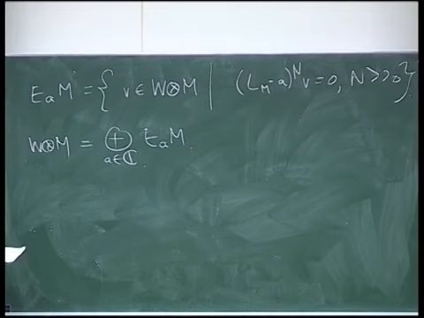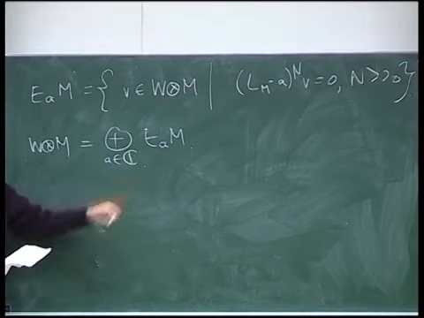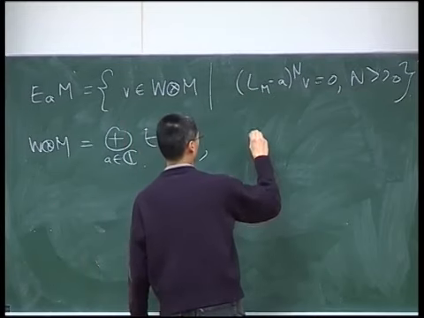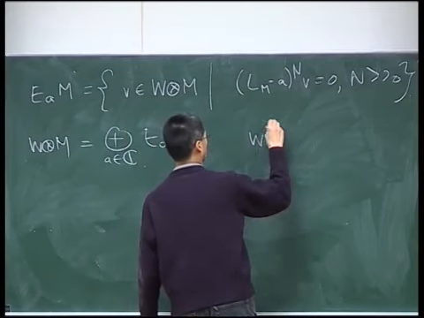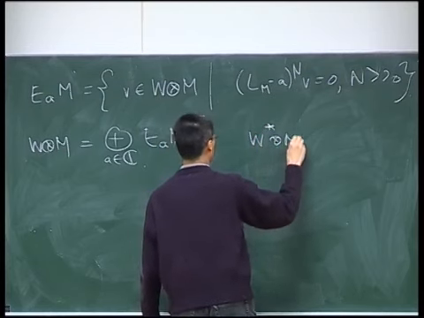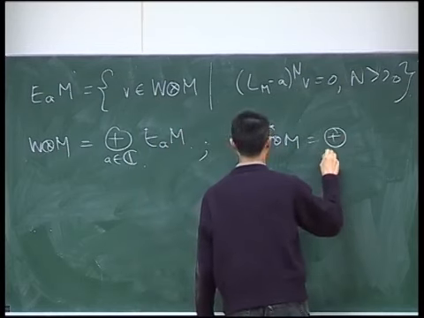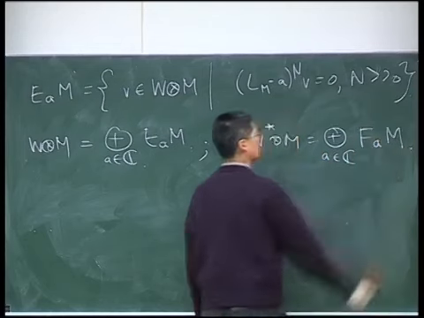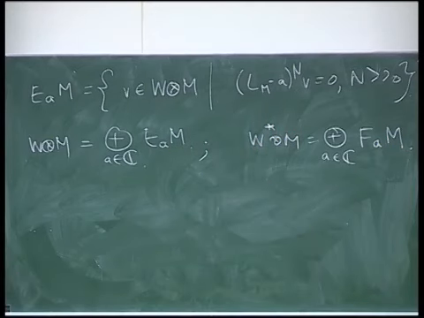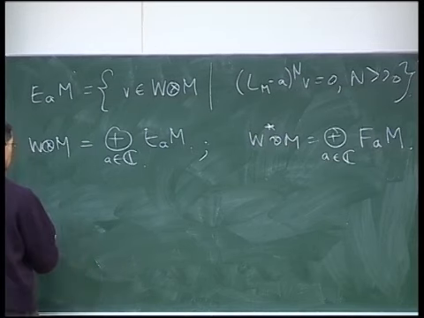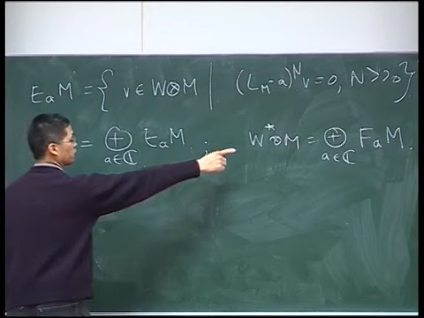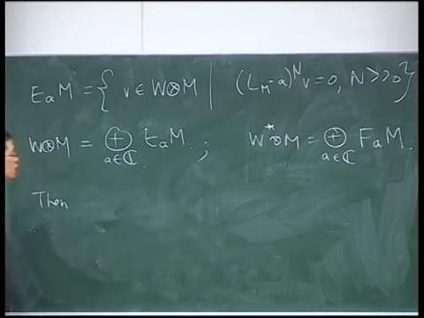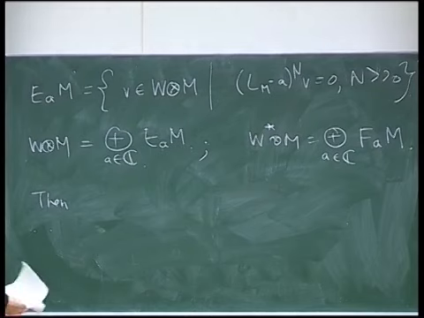Okay, and in a similar way, or just using the adjointness property, one can consider the functor of tensoring with the dual and write this as a direct sum of functors F_a. Okay, and then one can check that for any a, the classes of E_a and F_a on the Grothendieck group will give an action of SL2.